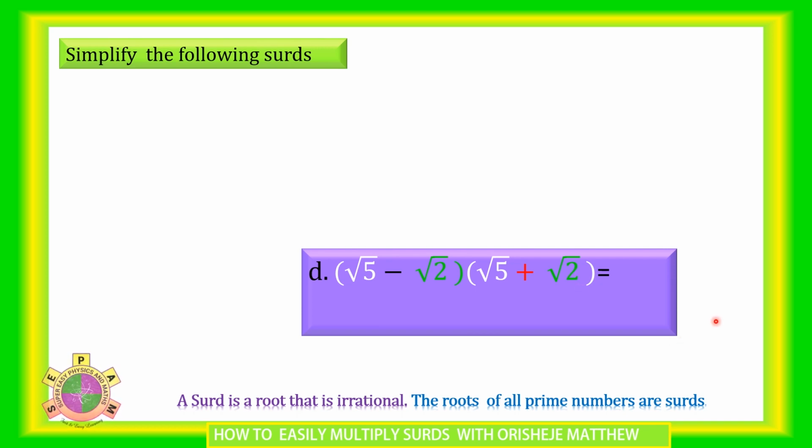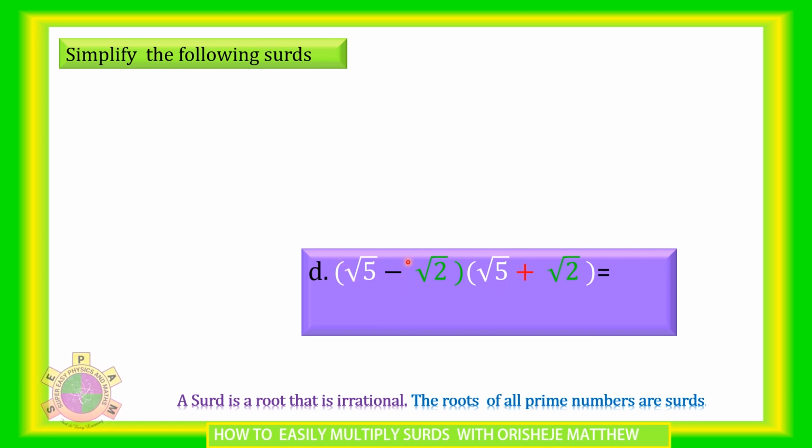Now, difference of two squares. So let's look at simplifying: square root 5 take away square root 2, multiplied by square root 5 plus square root 2. Whenever you are multiplying surds where one surd is the conjugate of the other, what I mean by the conjugate of a surd is the same expression in the bracket, but the only difference between them is that the operation between them, one is positive and the other one is negative.